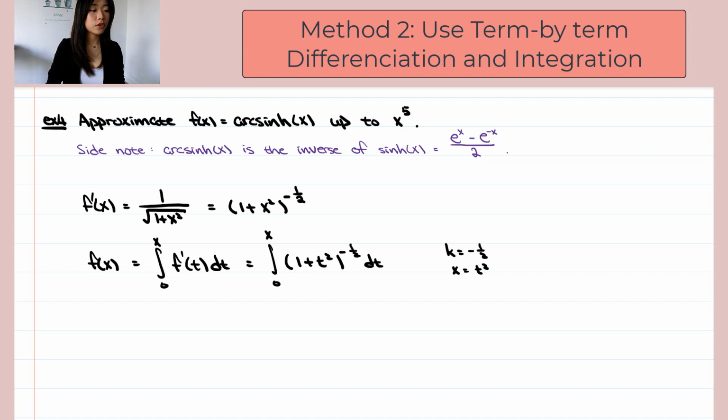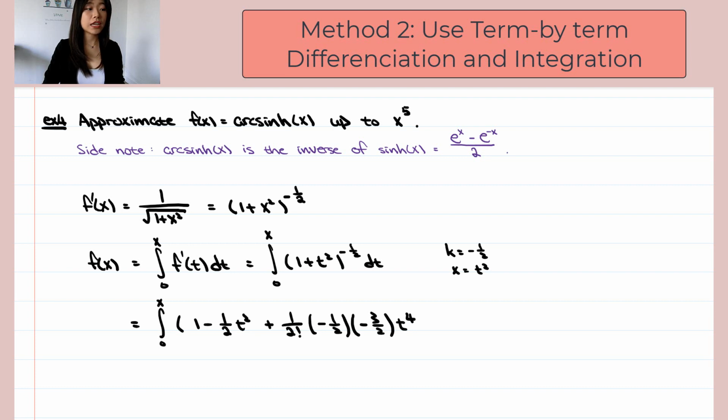So I substitute this into the binomial series. This equals the integral from 0 to x of the binomial series: 1 minus half times t squared, then plus 1 over 2 factorial times k, that is negative half, then times k minus 1, so negative 3 over 2, then times x squared, and the x here is t squared, so we have t to the power of 4.